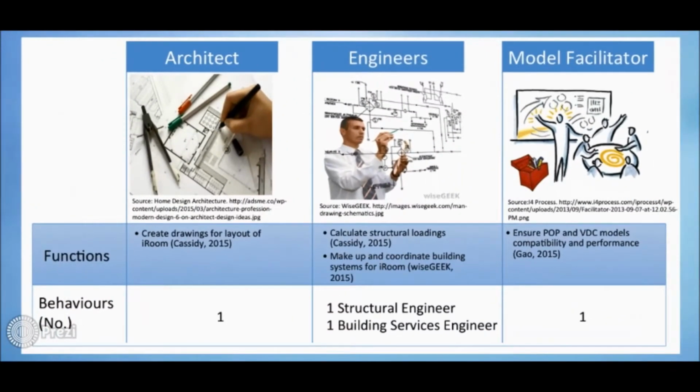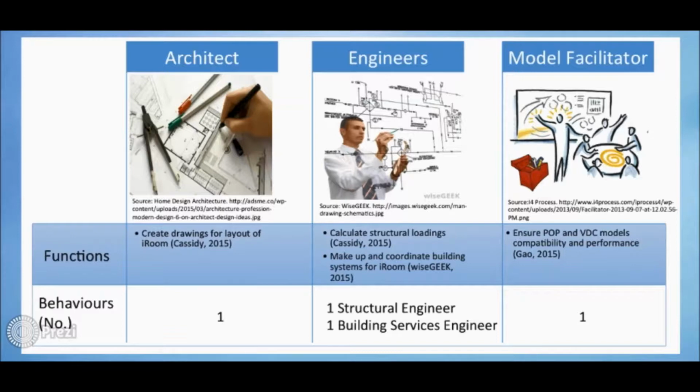For the design aspect, there are 3 stakeholders: the architect, engineers, and the model facilitator. The function of the architect is to create drawings for the layout of the Iroom. The behavior of the architect is 1. The functions of engineers are to calculate the structural loadings and to make up and coordinate building systems for the Iroom.